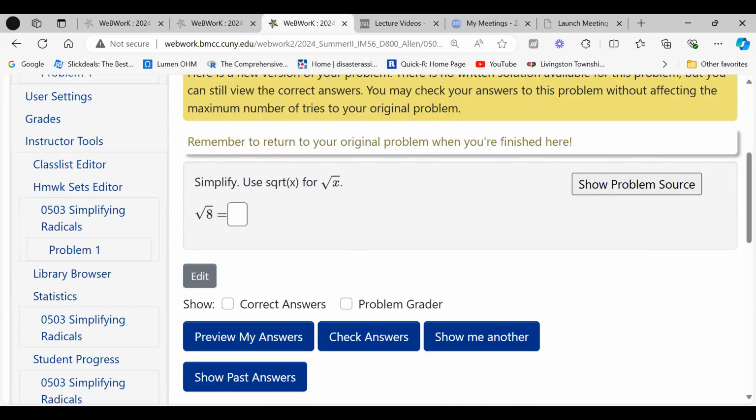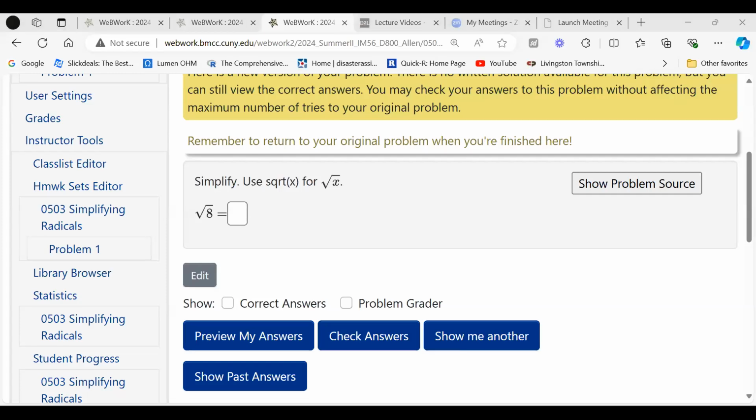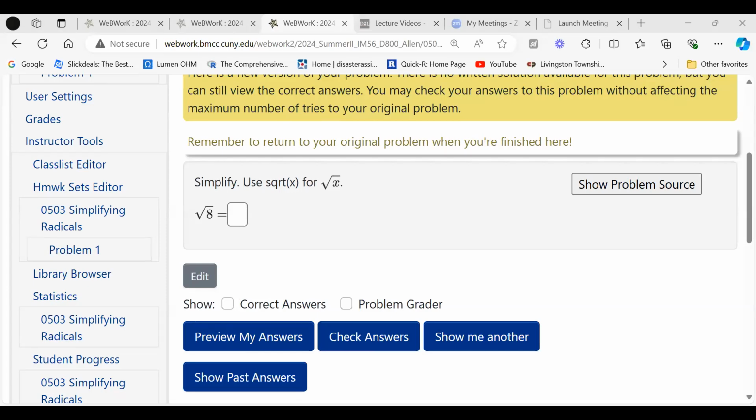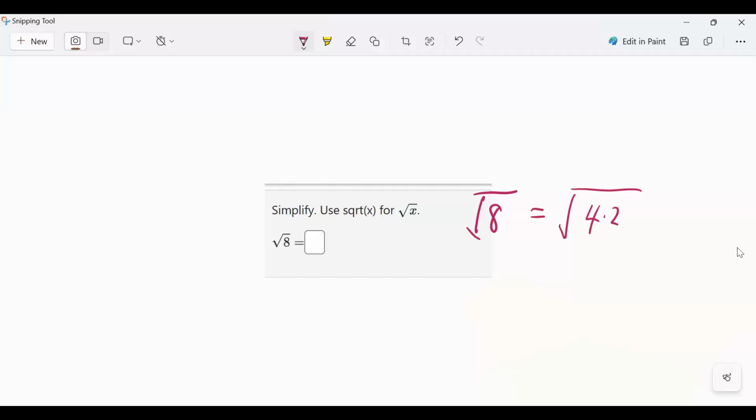You can break down the number as the largest perfect square that goes into it, times another factor. Here we break down the 8: the largest perfect square that goes into 8 is 4. We break it down as 4 times 2.